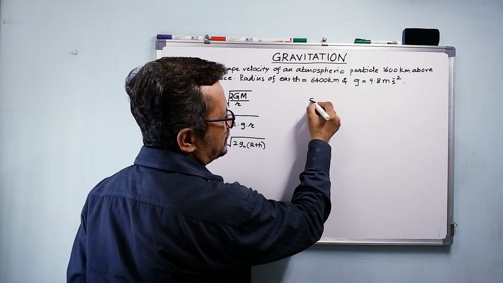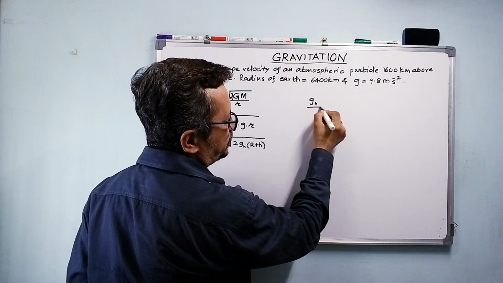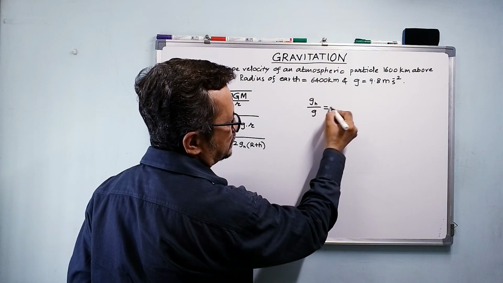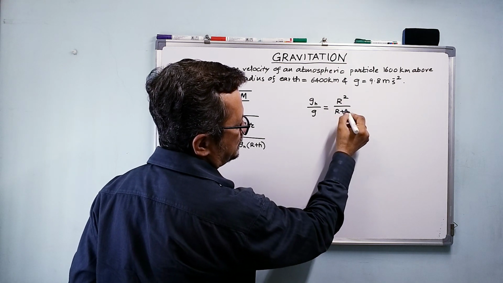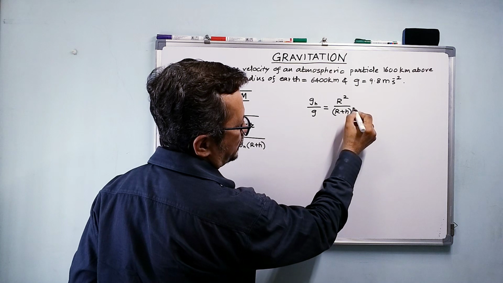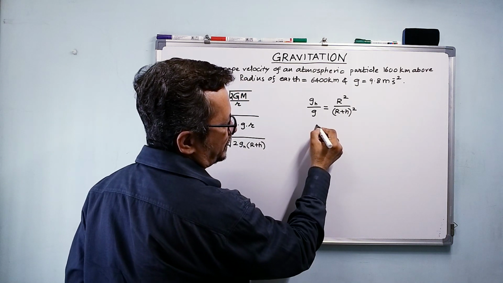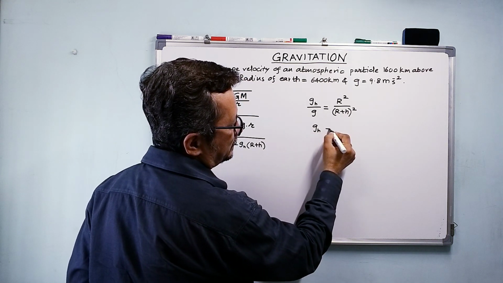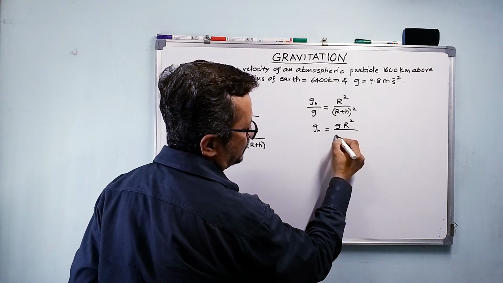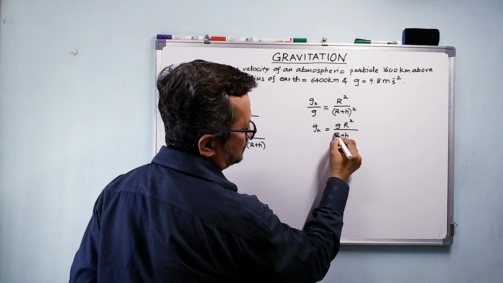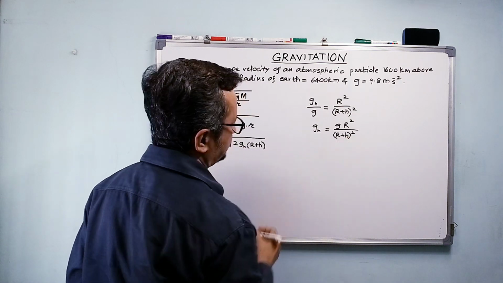We have gh upon g is equal to r square upon r plus h whole square. Correct. So my gh is equal to g r square upon r plus h whole square.